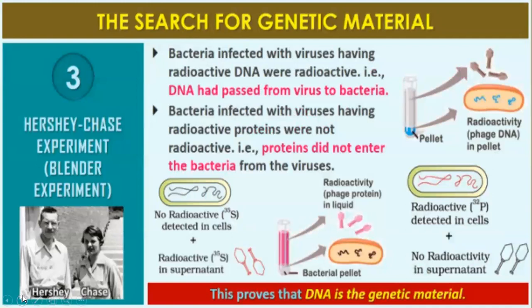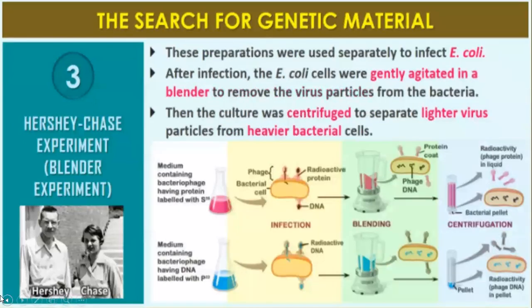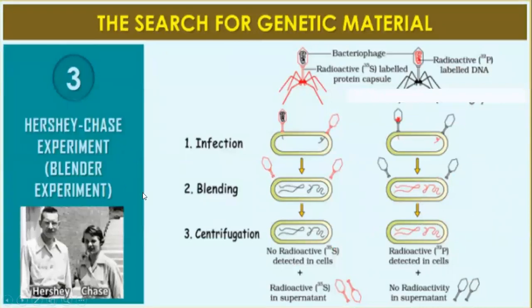So this is how Hershey and Chase proved that DNA is the genetic material by the blender experiment. Hope it's also clear for you. Look here, this was their experiment.